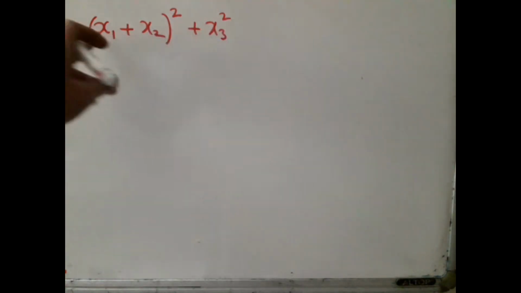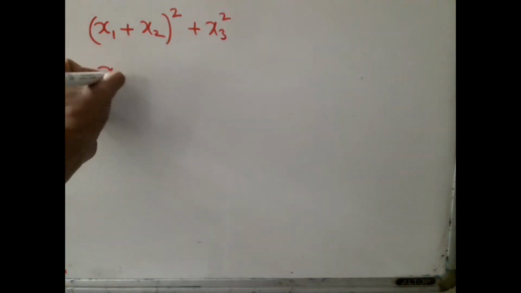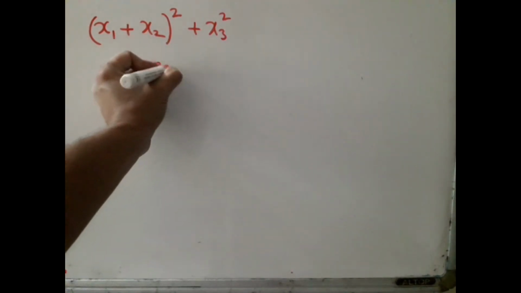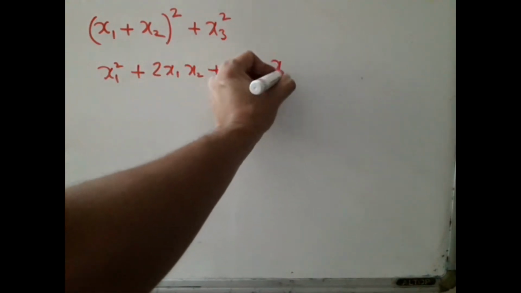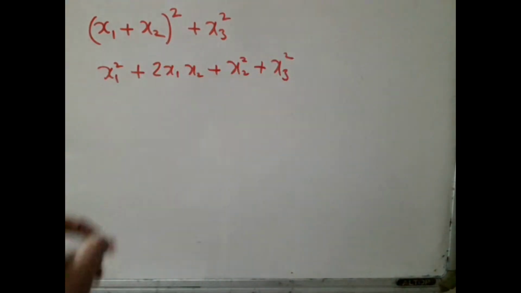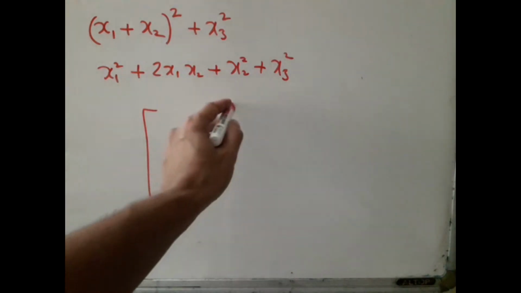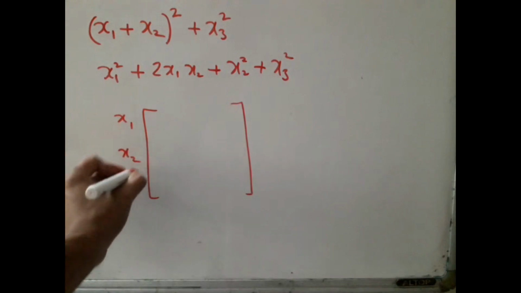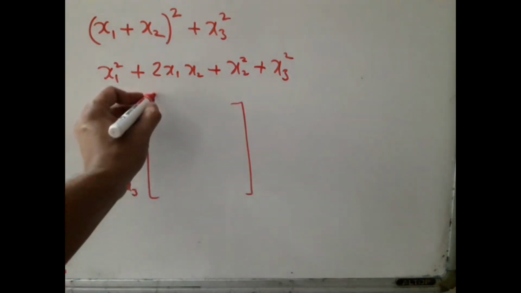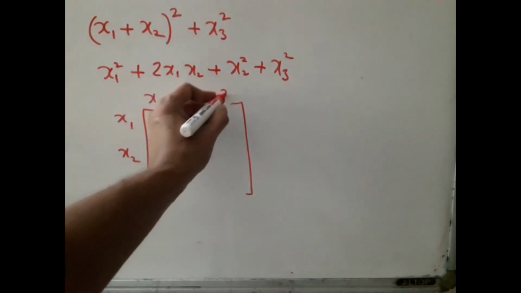Just look at its coefficients. So it will be x1 square plus twice x1 x2 plus x2 square plus x3 square. You can immediately write down the corresponding matrix in the following way. Just consider all these things labeled as x1 x2 x3, x1 x2 x3.